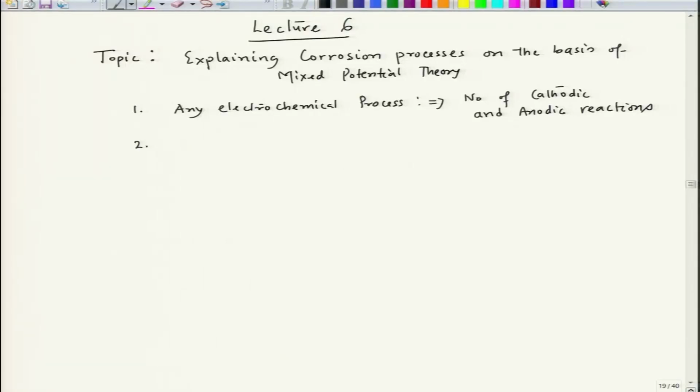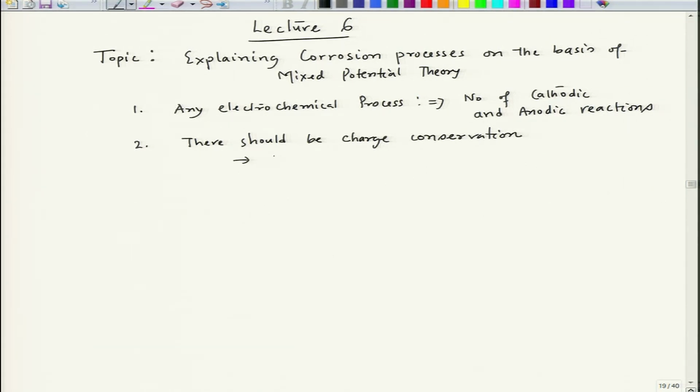We will see those situations one by one. The second part is that there should be charge balance, charge conservation.